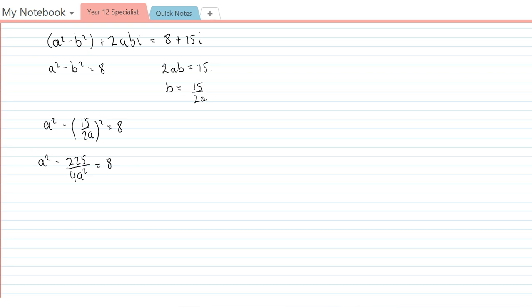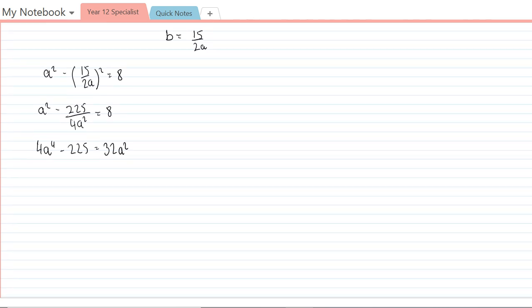So I could multiply everything by 4a squared, and that's going to give 4a to the power of 4 minus 225 equals 32a squared. Alright, so we want to use null factor law here in order to solve this.